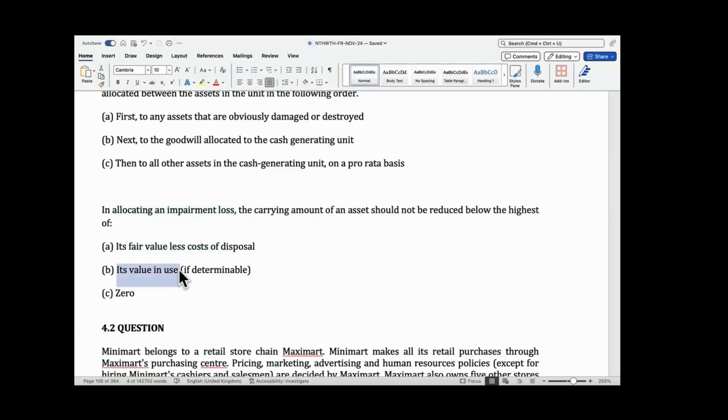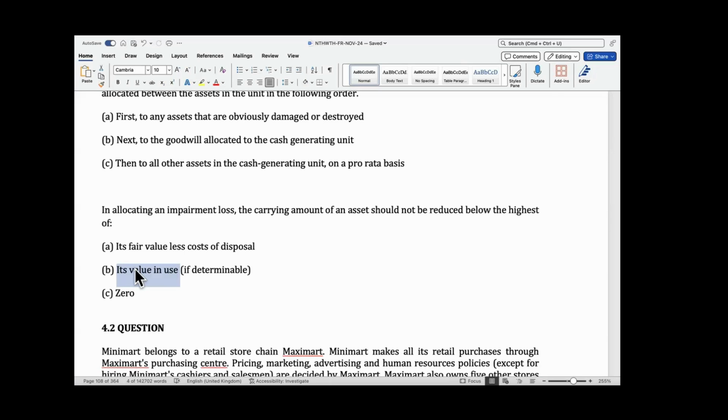Because, like I told you, if you remember the first objective, the book value should not be higher than recoverable amount. So the intention of this standard is just to ensure that what you put in your books reflects your recoverable amount, which is the higher between fair value and value in use.